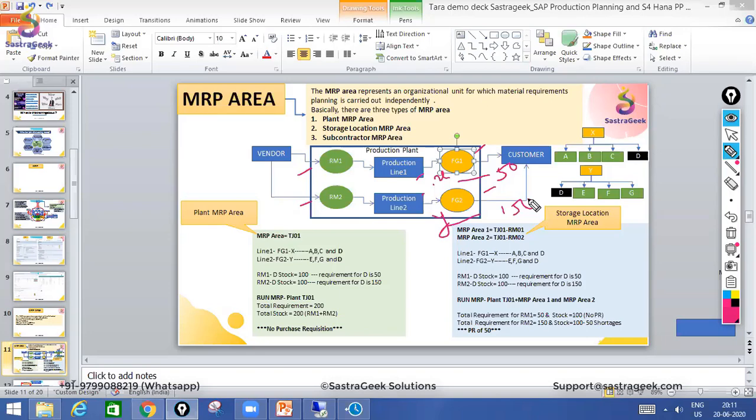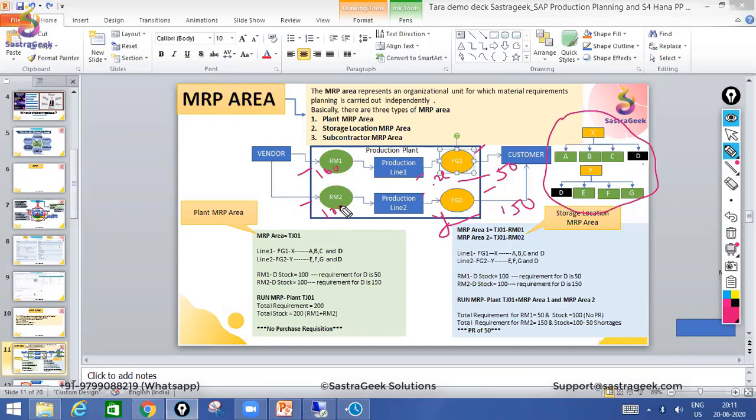Let's say to produce X and to produce Y, I need E, F, G as components. There is one component called D which is common between both of them. Now we'll talk about that common part. Let's say for D at the RM1 storage location, I already have an inventory of 100. At the same time, for D at the RM2 location, I also already have an inventory of 100.